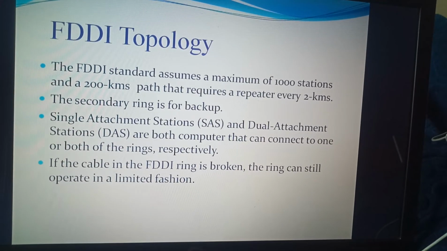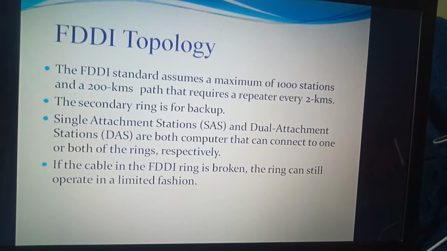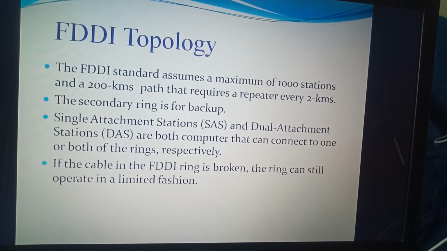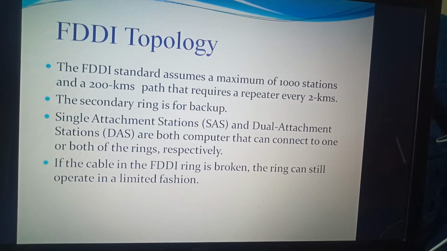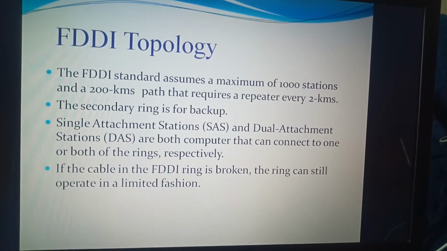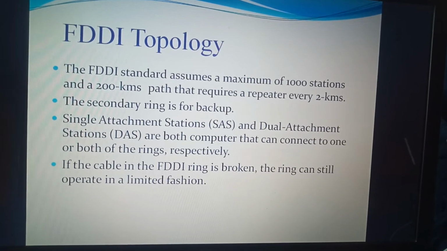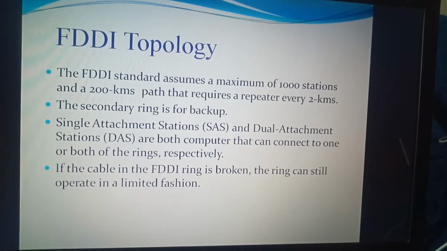If the cable in the FDDI ring is broken, the ring can still operate in a limited fashion. Means it does not go down at that time, and it can operate for some time.